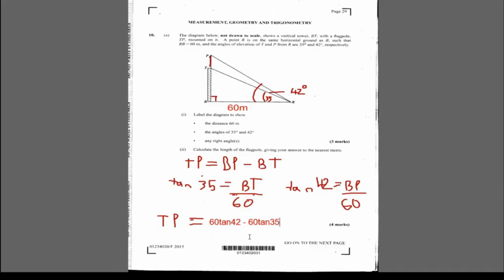That's 60 tan 42 minus 60 tan 35, which is 12 meters. That's the length of the flagpole.